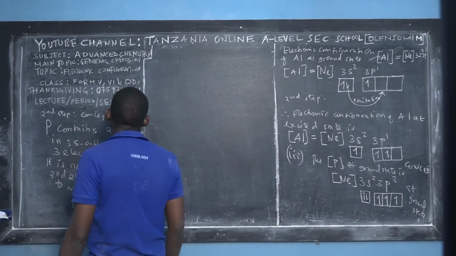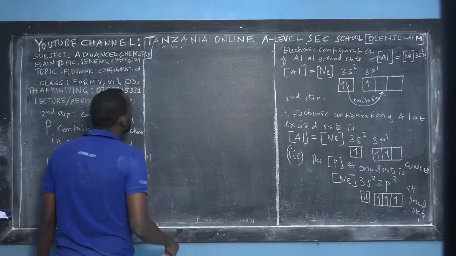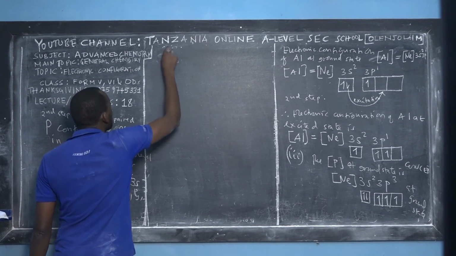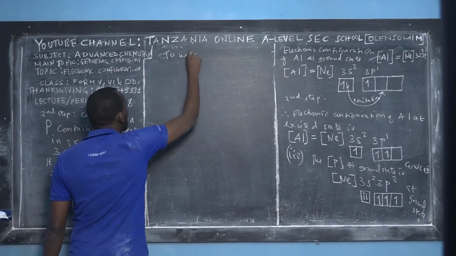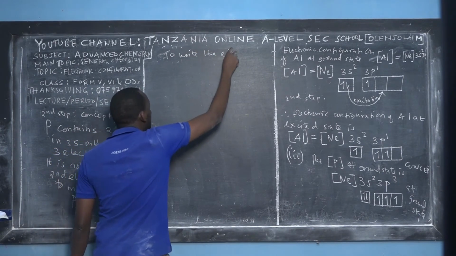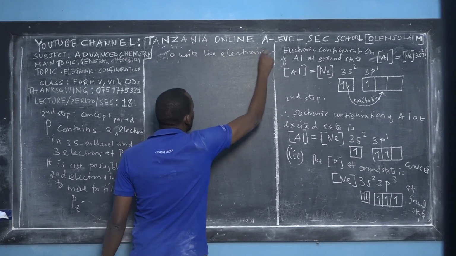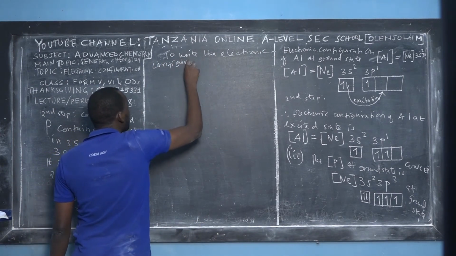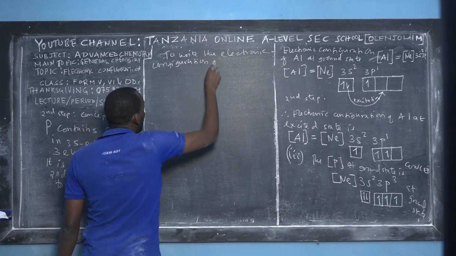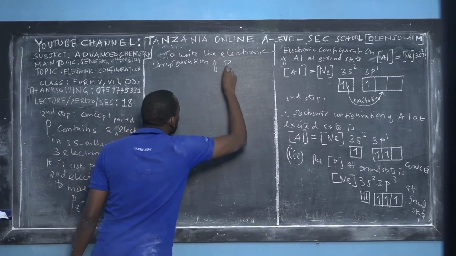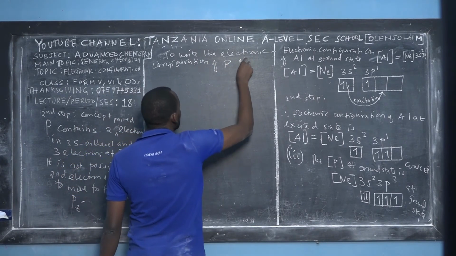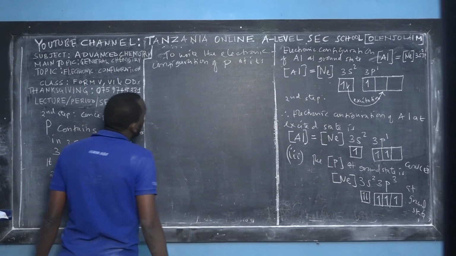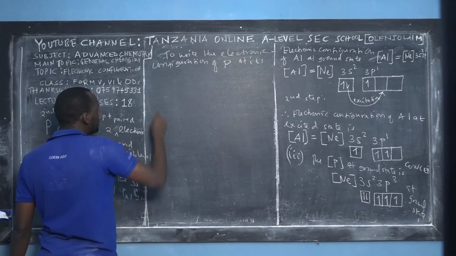So for this case, you are asked to write the electronic configuration of phosphorus at its ground state and at its excited state.